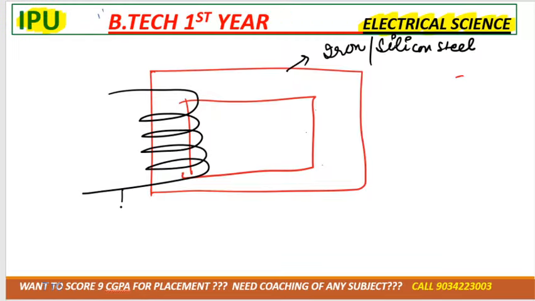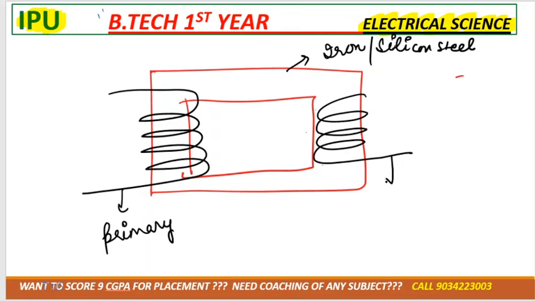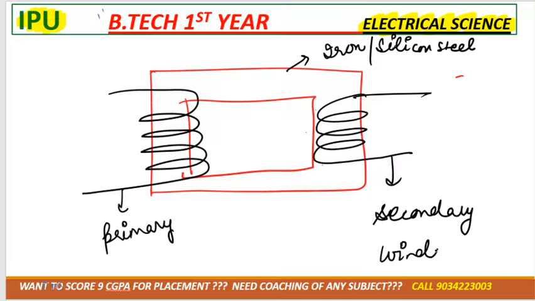This one is known as the primary winding and this one is known as the secondary winding. Here the secondary winding is connected across the load. Load means the home appliances, like a bulb, that is a load. The secondary side is connected to the load and the primary side is connected to the single phase AC supply.